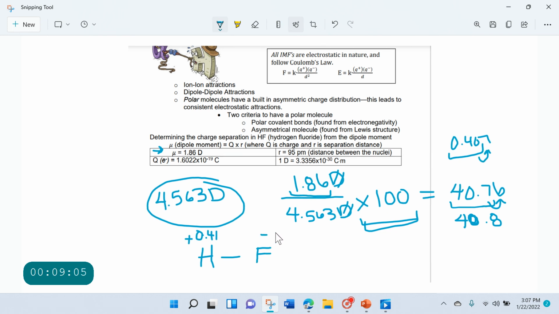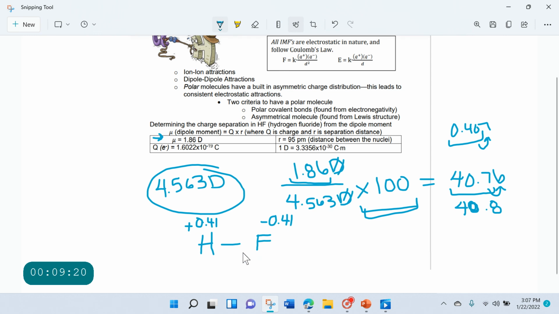And then this side is going to be a negative for fluorine, and it's going to be a negative 0.41. And if you think about that, according to Dr. Lindley also, it's a high charge separation.